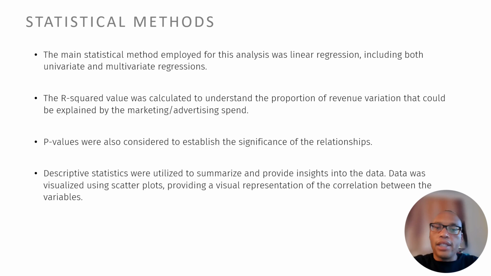P-values were also considered to establish the significance of the relationship. Descriptive statistics were utilized to summarize and provide insights into the data. Data was visualized using scatter plots, providing a visual representation of the correlation between the variables. I didn't include those images within this deck. However, this paper submission had those scatter plots as well.